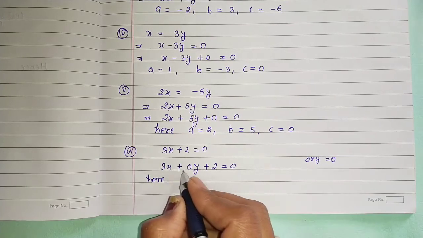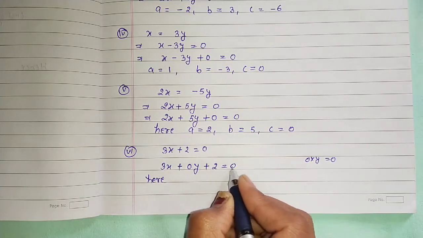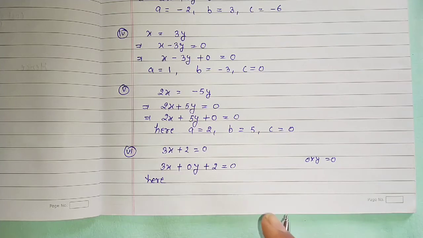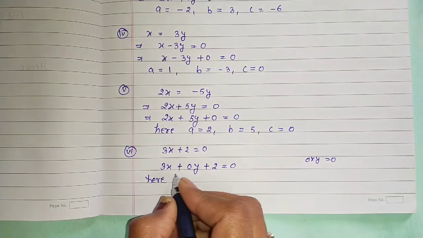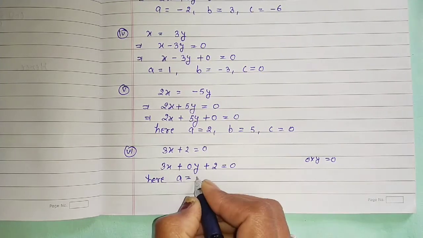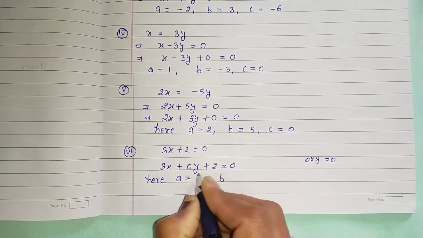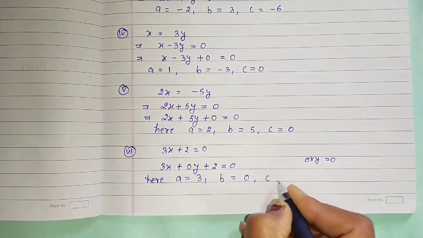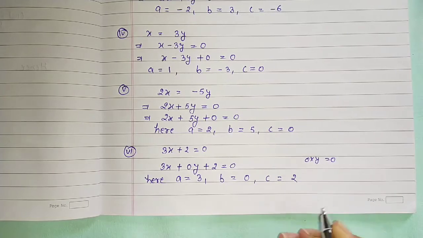That's why 3x plus 0y plus 2 equal to 0 is a linear equation in two variables. Here a is the coefficient of x, that is 3, b is the coefficient of y, that is 0, and c is the constant term, that is 2.